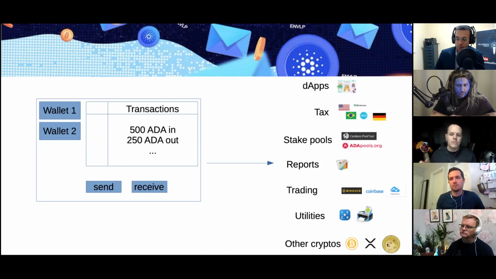So they will build a Bitcoin plugin or XRP plugin or Dogecoin plugin and enable that. And the next day, when you open your wallet, if you want, you can install this Bitcoin plugin and be able to hold both coins or however many coins you want in your wallet.